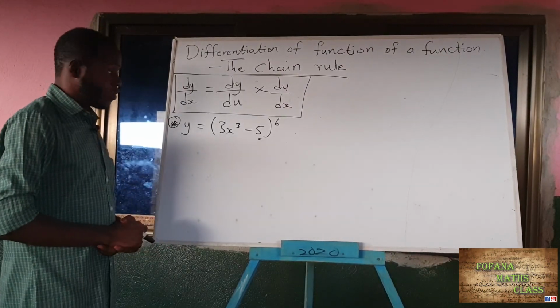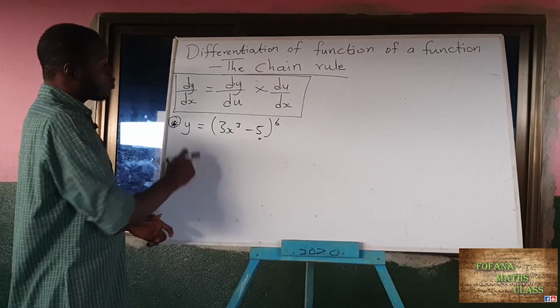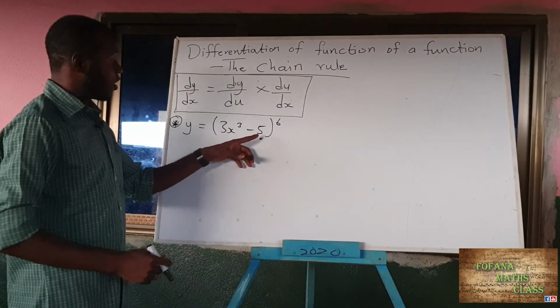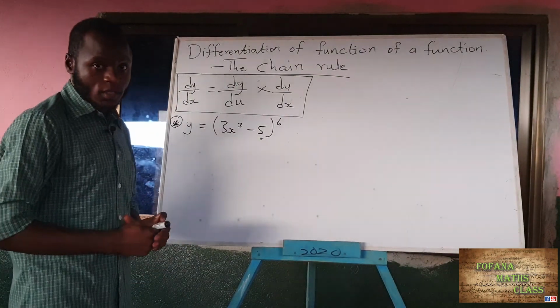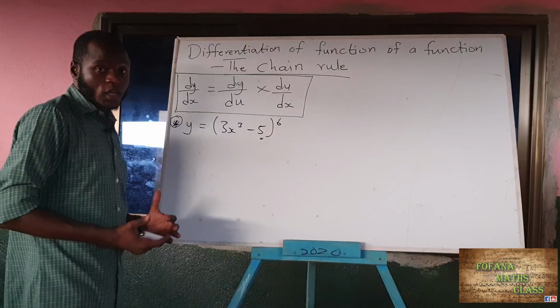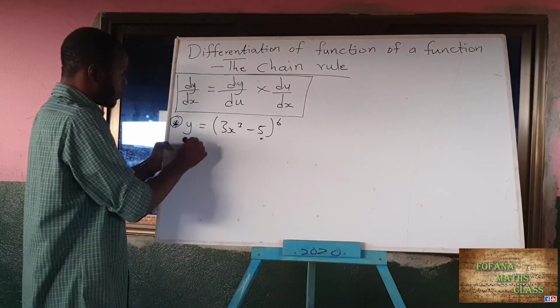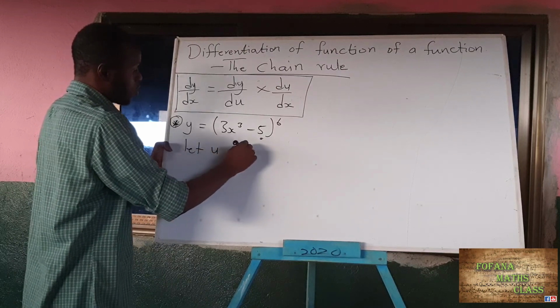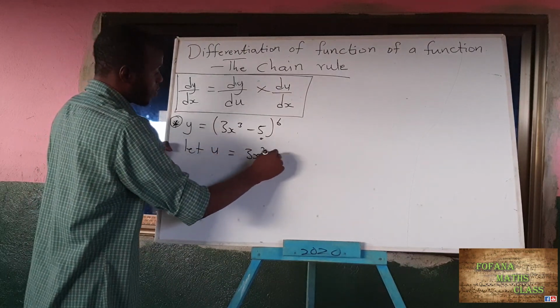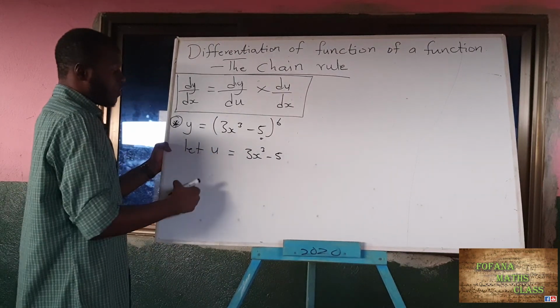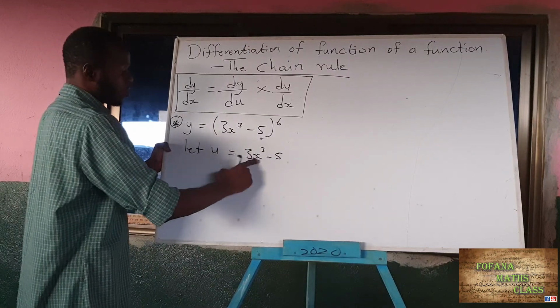Now we have another question on the board which says that y is equal to (3x to the power 3 minus 5), all in bracket, to the power 6. Just like we did with the previous questions, first of all, you need to let u be equal to the expression in the bracket, which is 3x to the power 3 minus 5. Having done that, we differentiate u with respect to x.